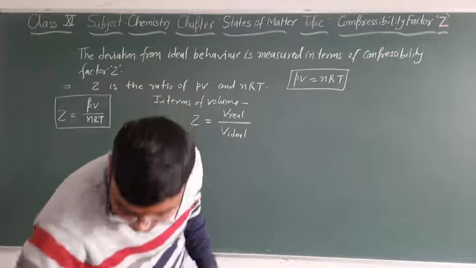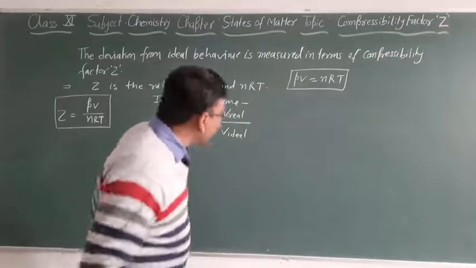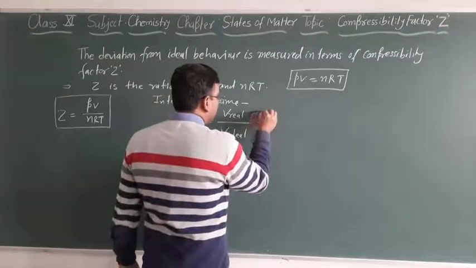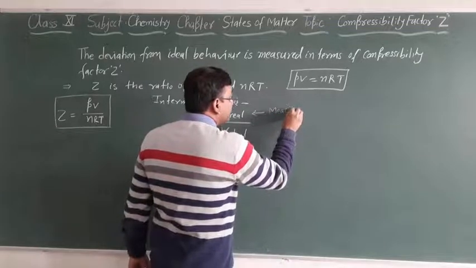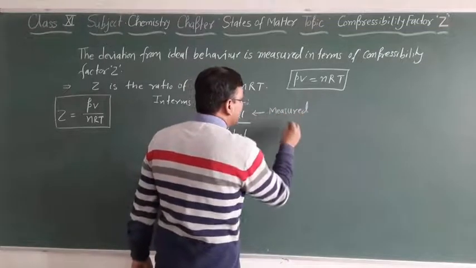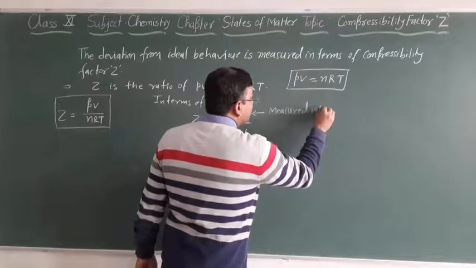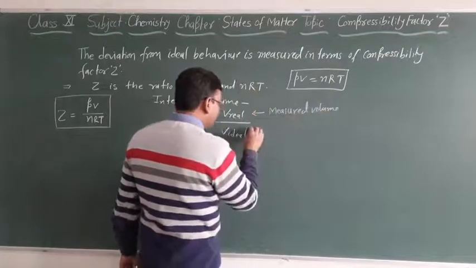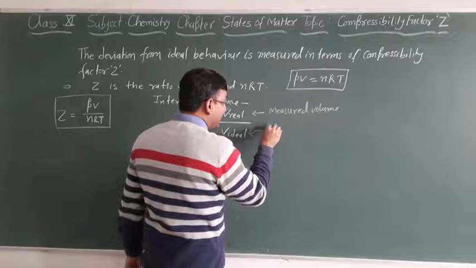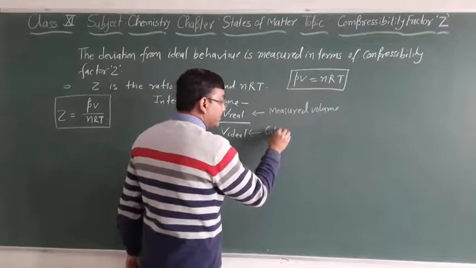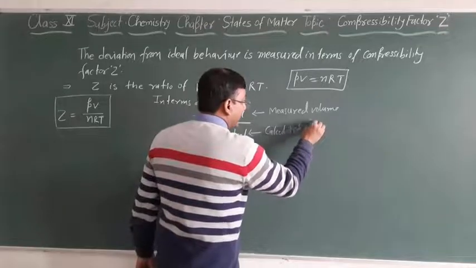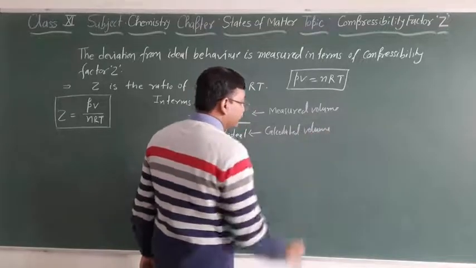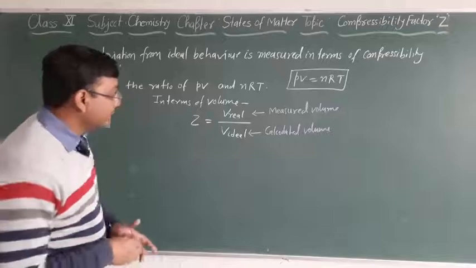V real is the measured volume, and V ideal is the calculated volume for the ideal gas.